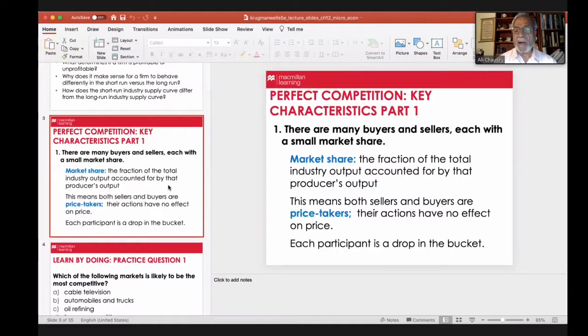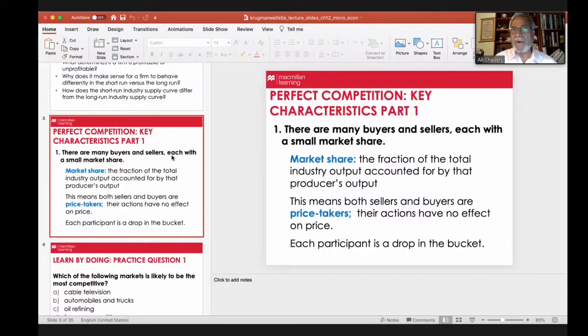Everyone has a small market share, and therefore they do not have the power to influence the price being charged. Therefore, each of the many suppliers, the sellers, or the buyers, the consumers, will basically take the market price and make a decision based on that. They are really a small player in the market. They do not have the power to influence.